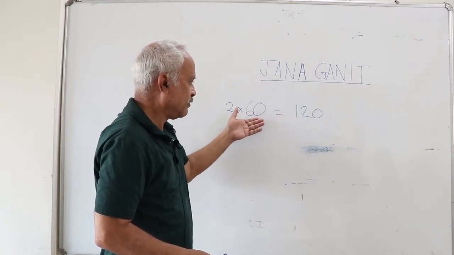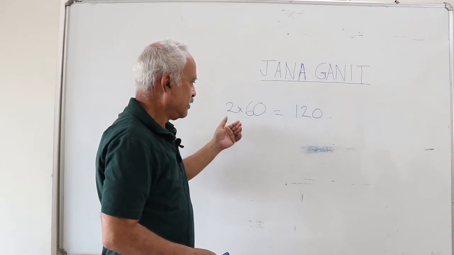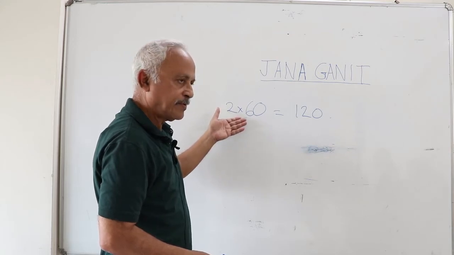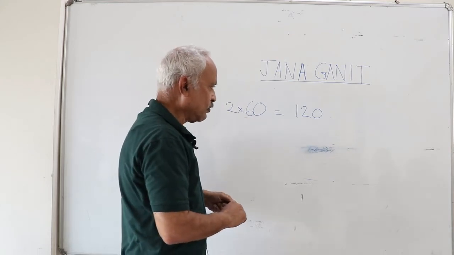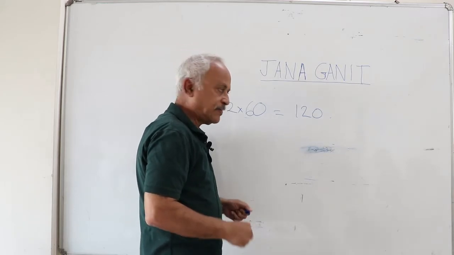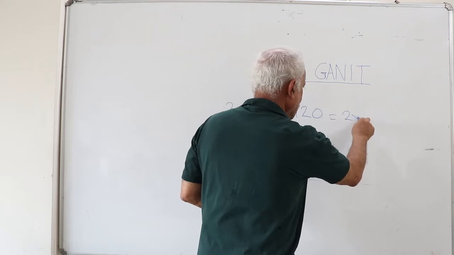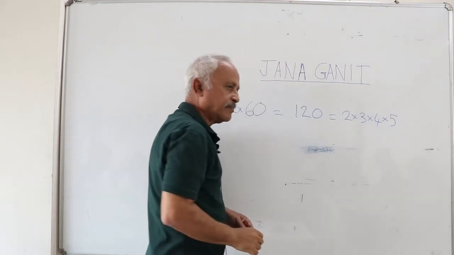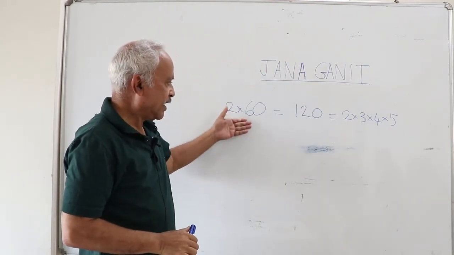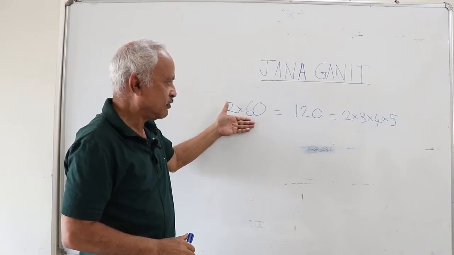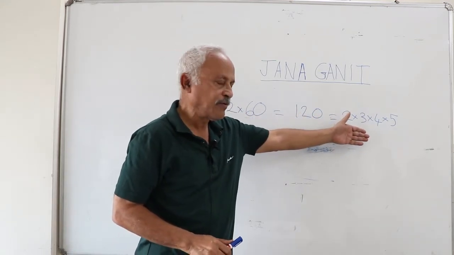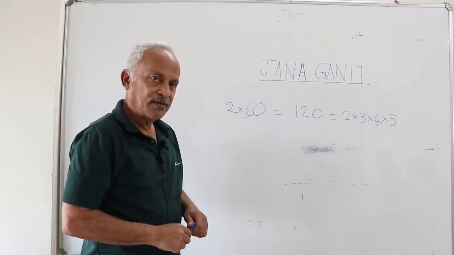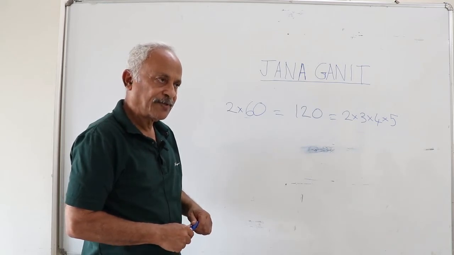So we know that 120 is double of 60. So we write that as 120 is equal to 2 into 60. And we also know that 120 is 2 into 3 into 4 into 5. So looking at this, 2 into 60 is equal to 2 into 3 into 4 into 5. Can you tell me the factors of 60?